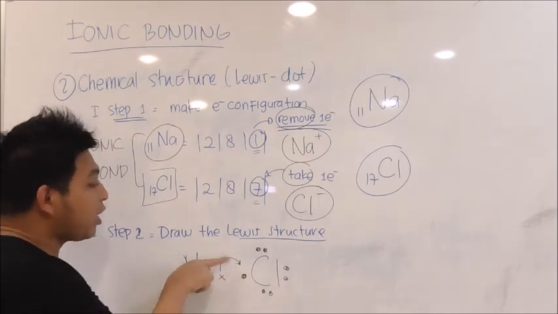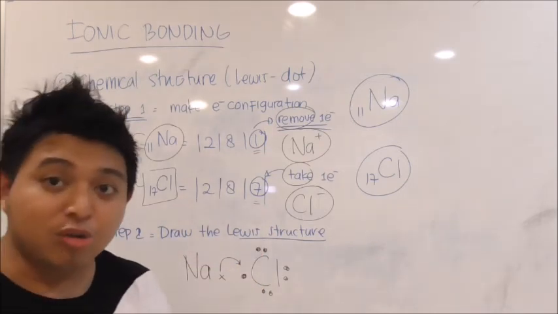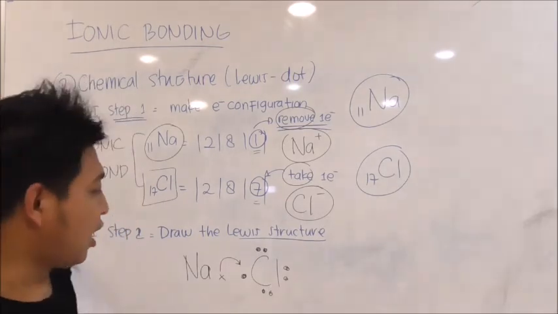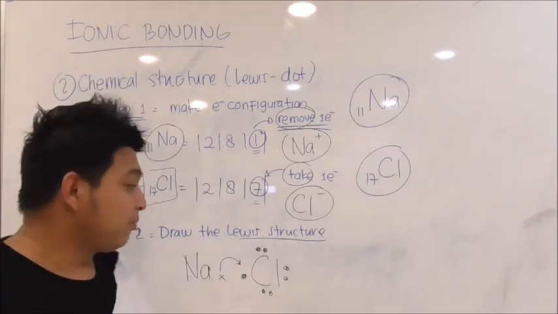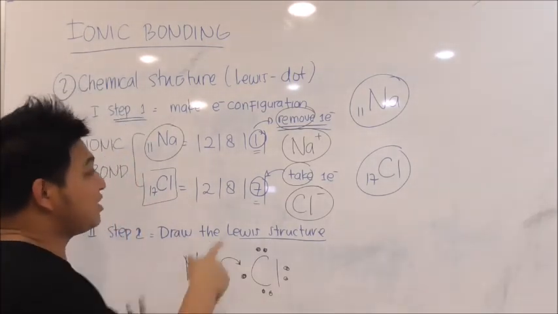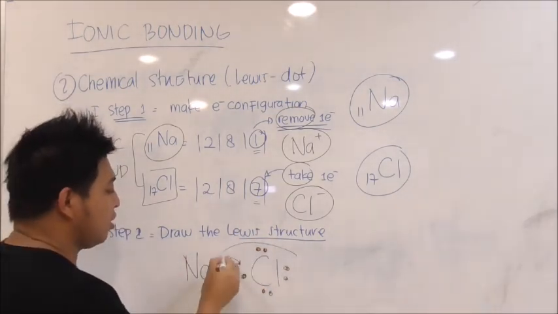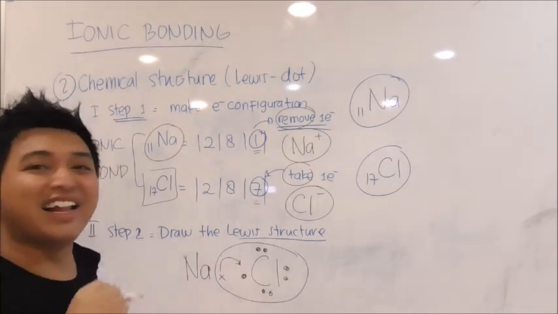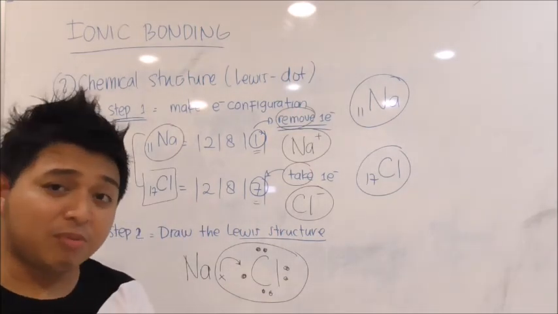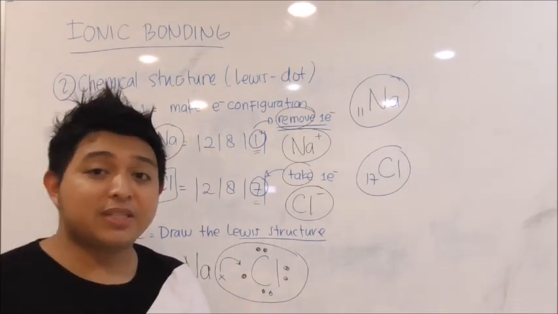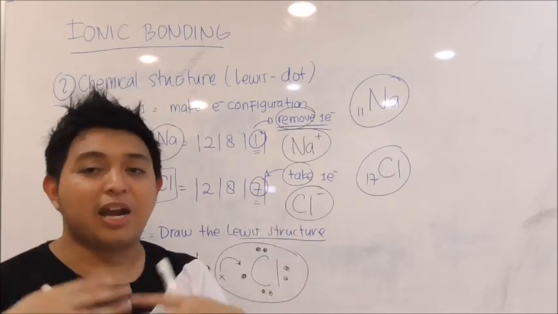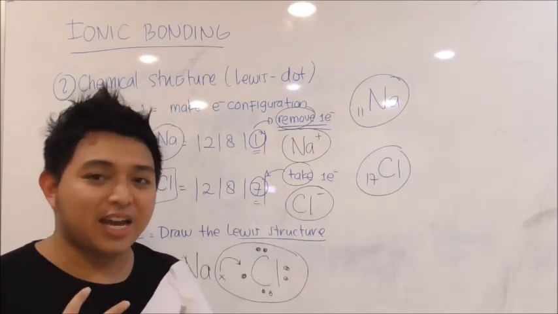The arrow represents sodium giving electrons, and to represent taking electrons, I use a circle. So remember, the circle represents the element taking the electrons.